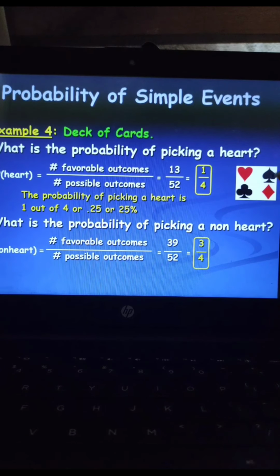So we have 3 non-hearts out of 4 types of cards.